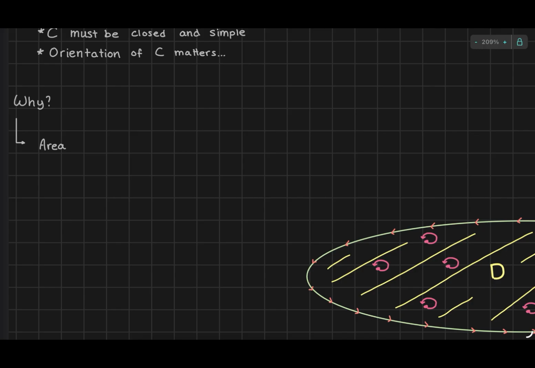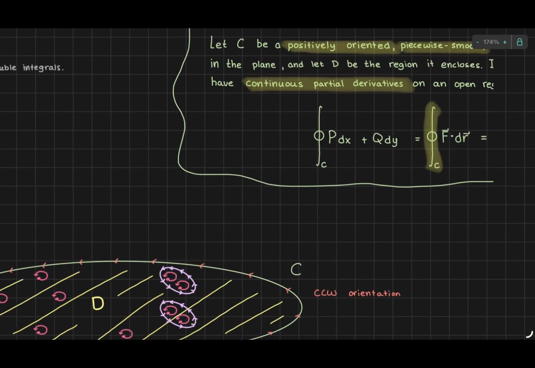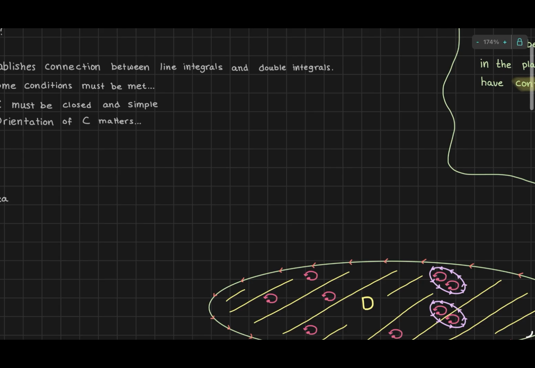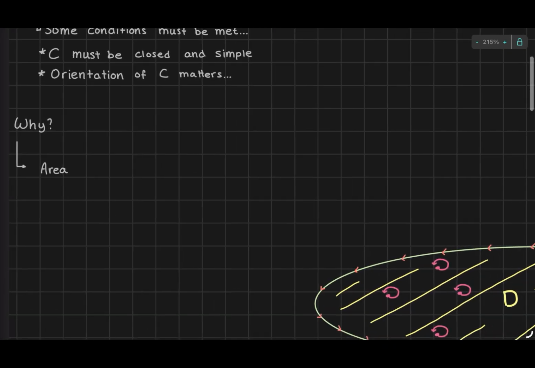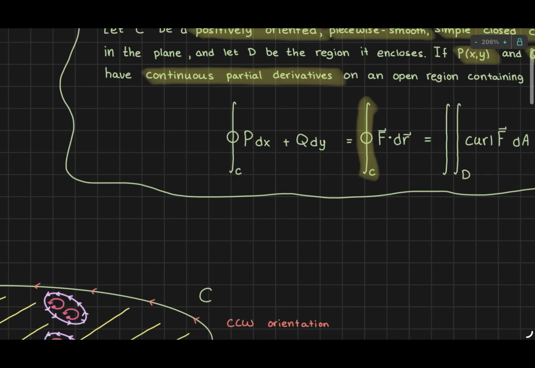So let's just go ahead and talk about why. First off, area is definitely going to be a pretty large application here. We can find the area of some kind of enclosed region D over here by using only this integral right here.